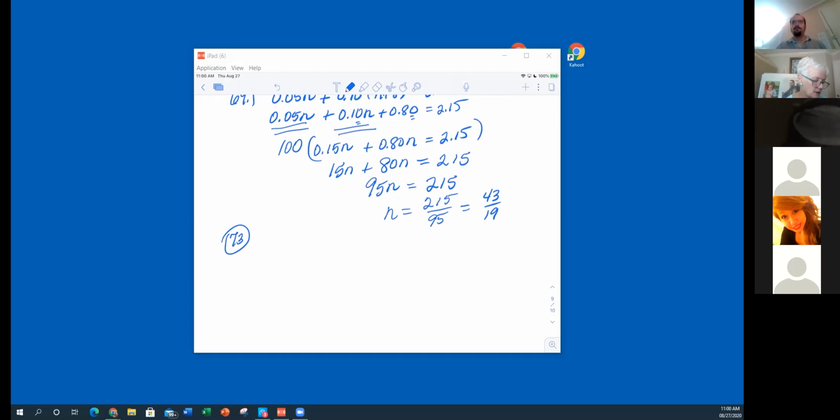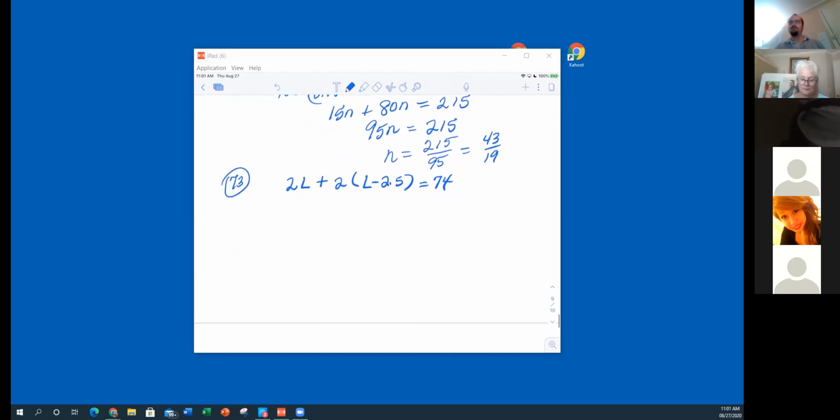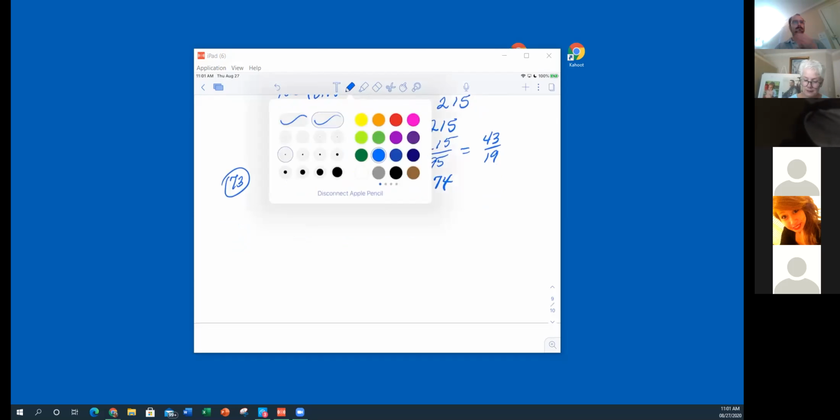Find the length by solving the equation. So all you have to do is solve the equation. You don't even have to set it up. They're telling you this is the equation to solve the problem. So we have 2L plus 2 times (L minus 2.5) equals 74. And now all you have to do is solve that problem, just like we've been doing for all the rest of the problems in this.